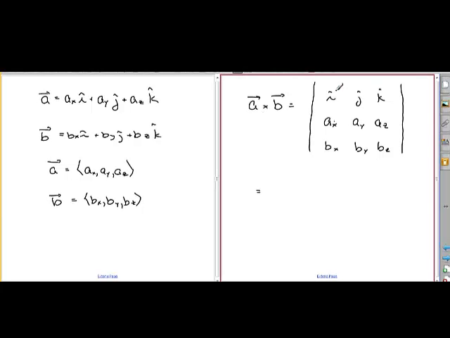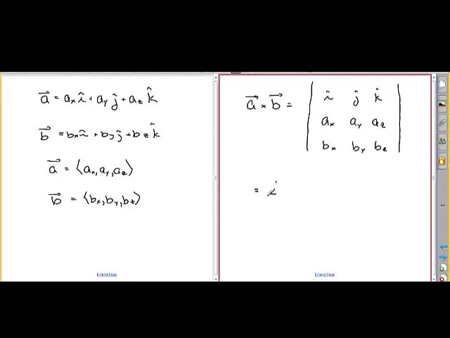The way it works is you take this row, and then you multiply it by the determinant of what's left over if you mark out the corresponding row and column associated with this unit vector. So we take i hat, the unit vector, and then we write this 2x2 determinant: you cross this out and you cross that out, and you're left with A sub y, A sub z, B sub y, B sub z.